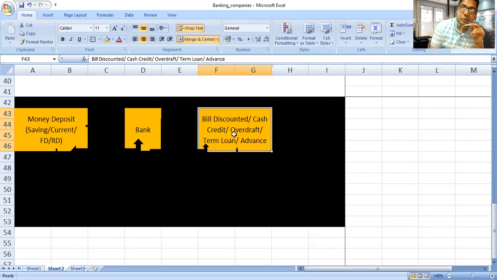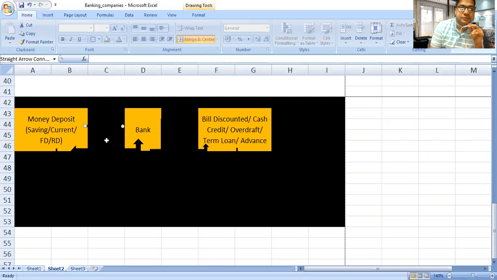They will provide the overdraft facility to traders, those who are businessmen. They will give term loans, housing loans, personal loans, car loans, and sometimes advances and top-up loans. Here, the bank's activity is to provide loans and accept deposits.